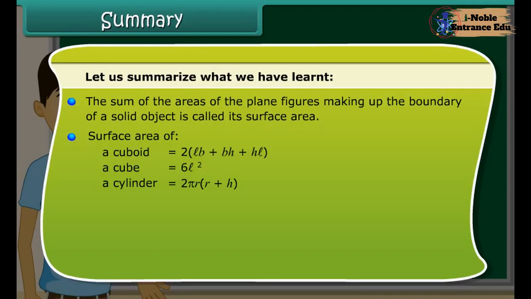Surface area of a cube is equal to 6L square. Surface area of a cylinder is equal to 2 pi r into r plus h. The volume of an object is the amount of space it takes up.